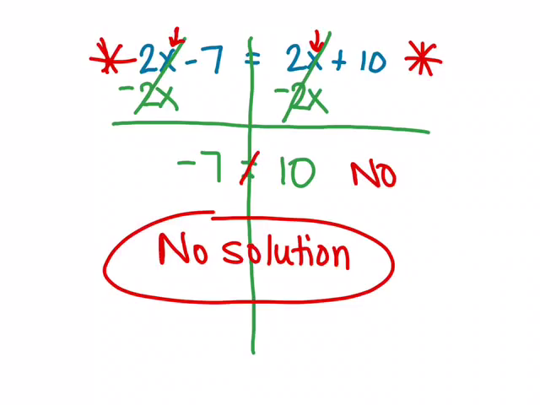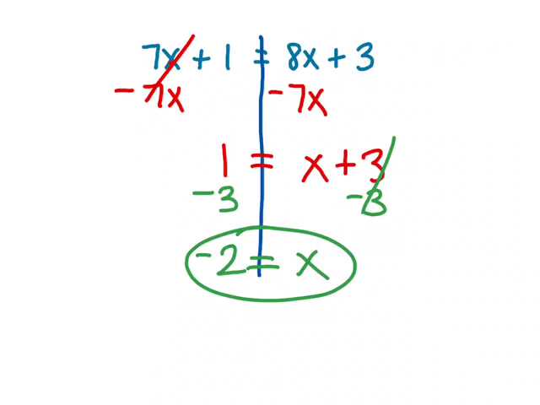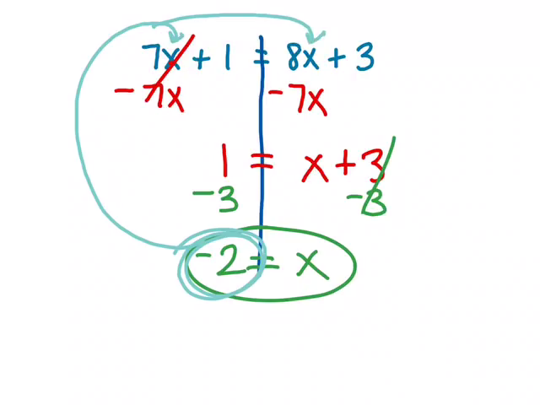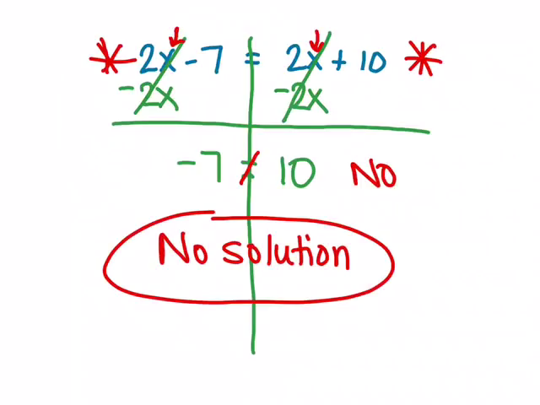If we go back and look at the example we just did, and I got x equals negative 2, that means that this negative 2, if I plug that in for x into that equation, it would work out to be a true statement. Again, back on this one, nothing is going to work. No number can be plugged into x and that be a true statement. Okay, with that being said, let's look at another example.